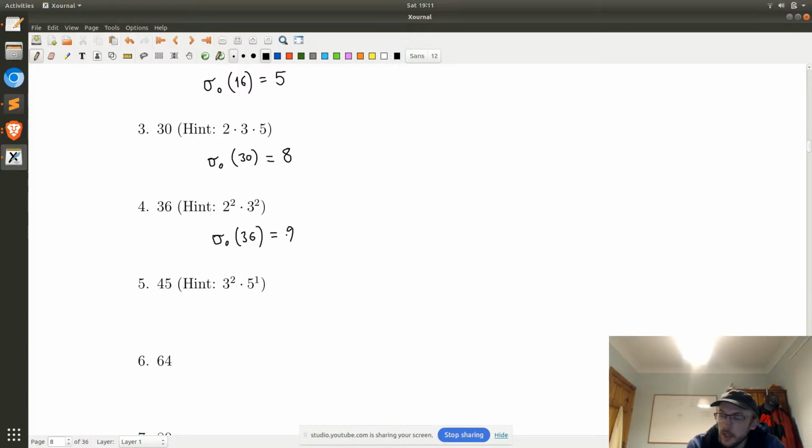And you can sort of think to yourself, well, it's a square number, so I know it's going to have an odd number of factors. But why do they keep dropping these hints here?